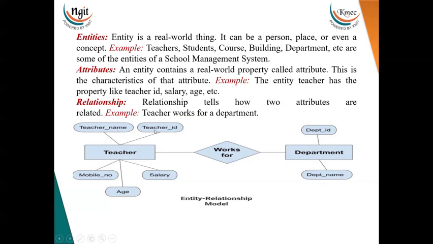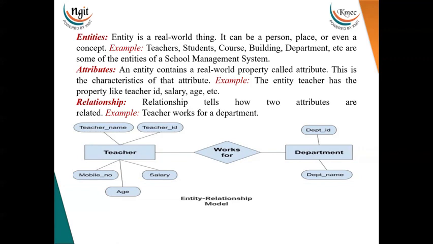A teacher will have a unique ID number to identify the teacher uniquely. So teacher ID is taken as an attribute. The second piece of information that we can give about the teacher is teacher name. Every teacher will have their own name.